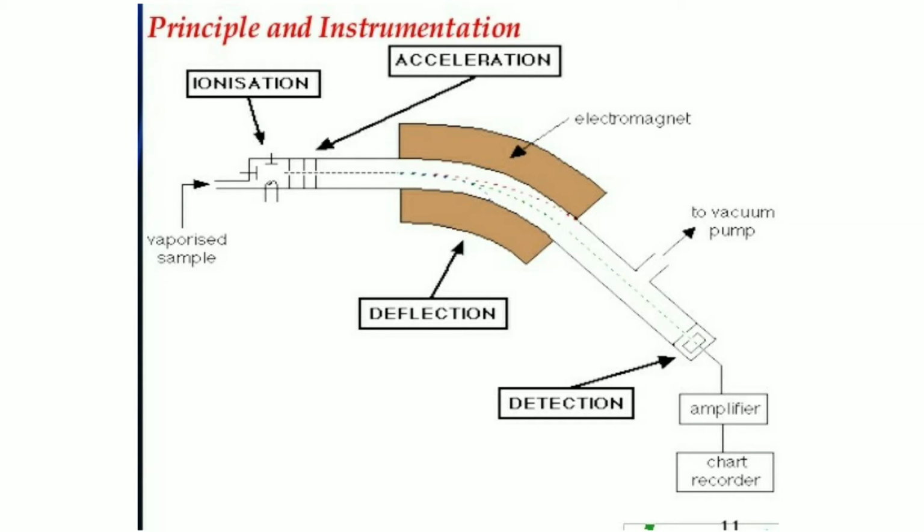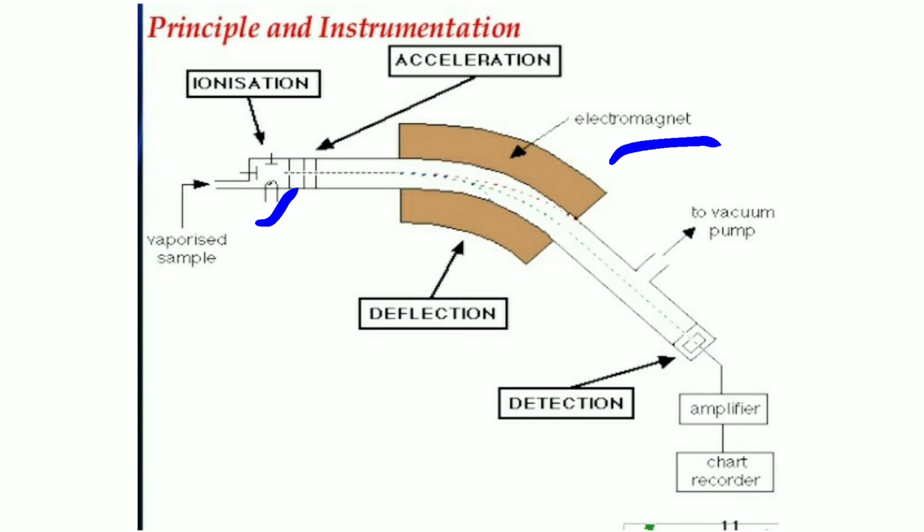Let me learn the principle and the instrumentation of mass spectrometry. This is a diagram of the instrumentation of the mass spectrometry. Here this is the vaporized sample which is passed into the instrument, and here it gets ionized, then it is accelerated, and it is passed to the electromagnet where the deflection takes place.